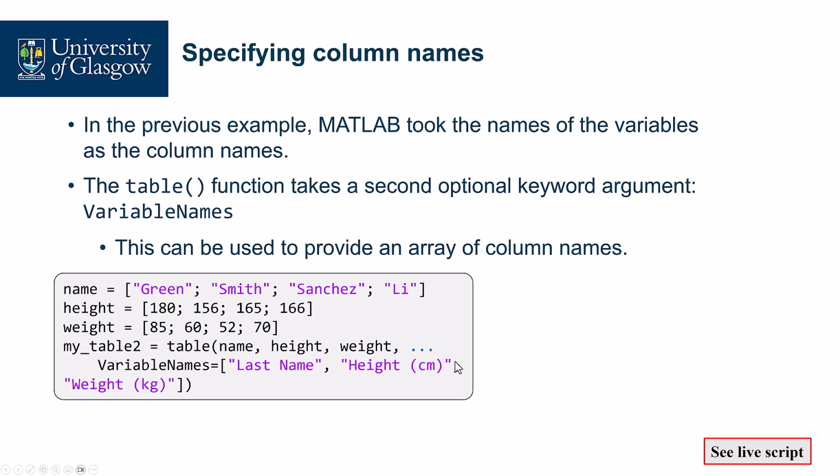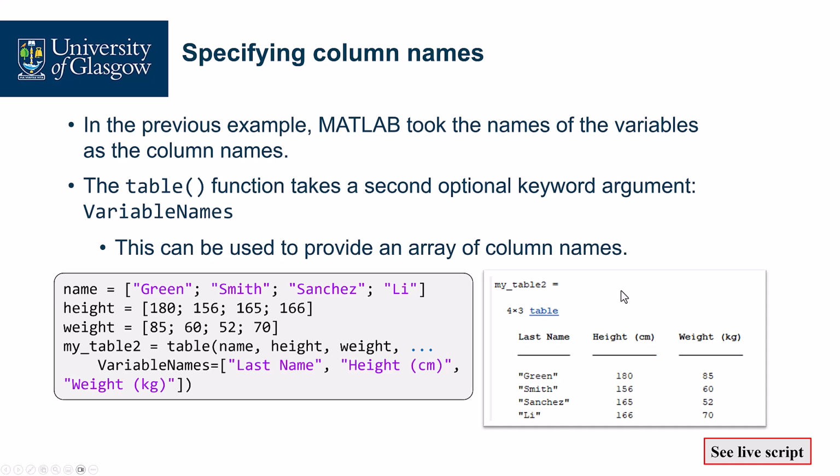This is a new command, right? By running this one, we can see myTable2 is generated, still a 4x3 table. The table content is still the same, but you can see the names change. They are not the variable names, but the names I defined: last name, height, and weight, right?